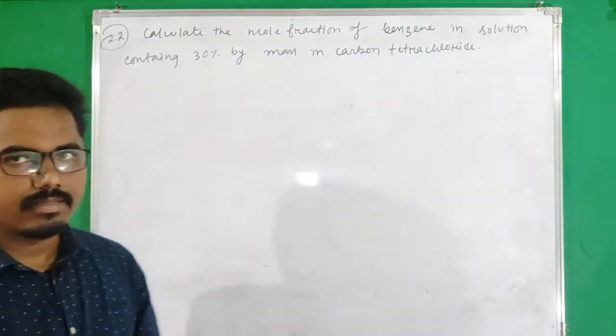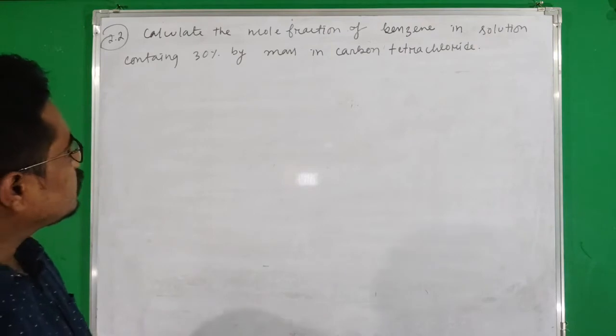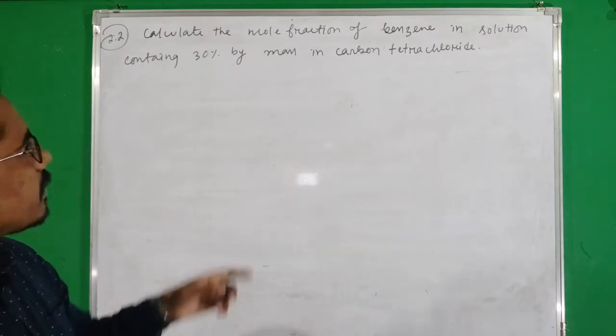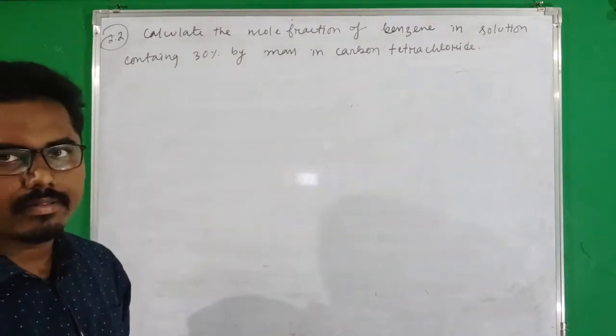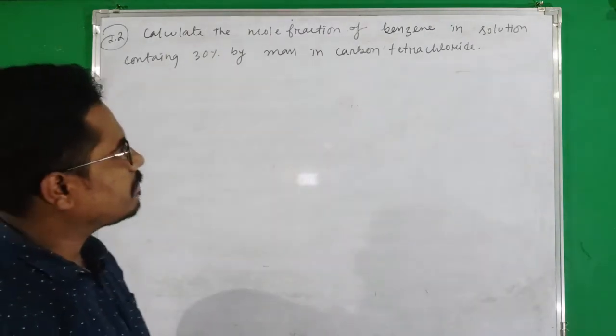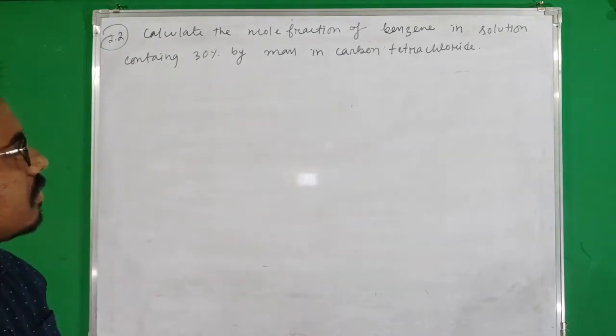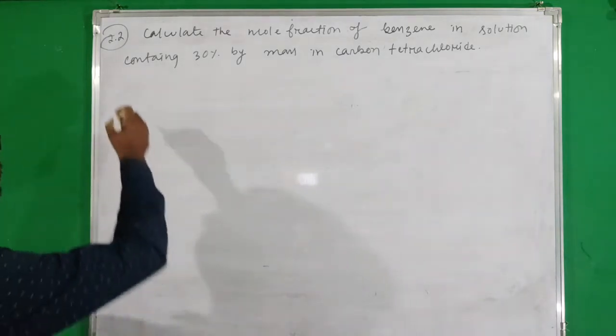Our next problem is NCERT in-text question 2.2, and in this problem we have to determine the mole fraction of benzene and carbon tetrachloride in a solution. The question is: calculate the mole fraction of benzene in solution containing 30% by mass in carbon tetrachloride.